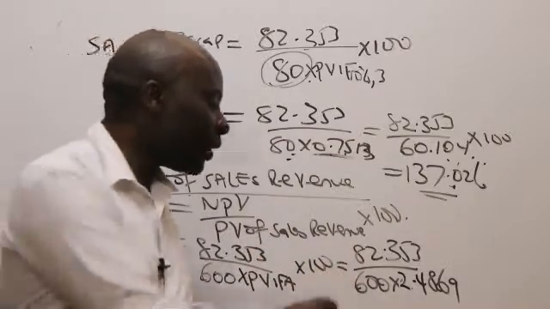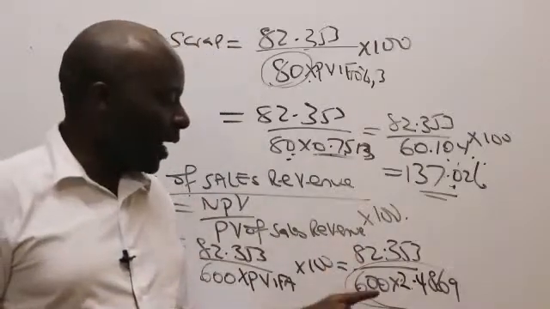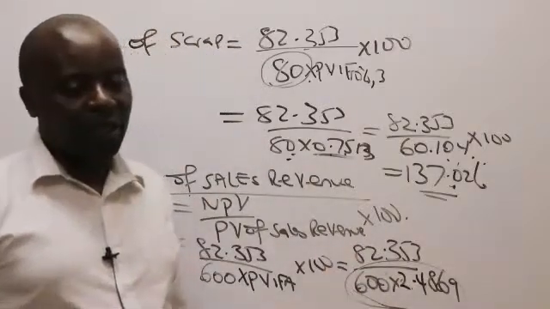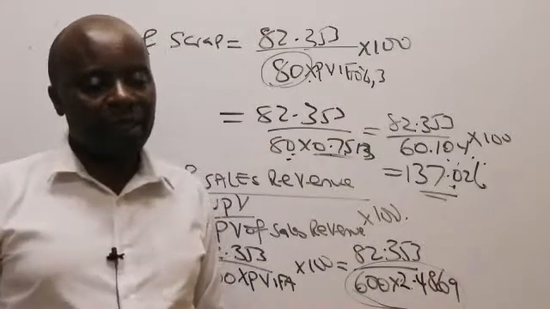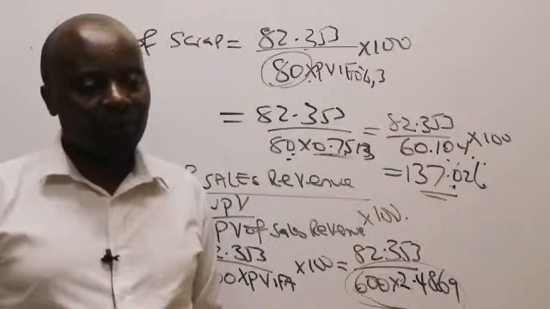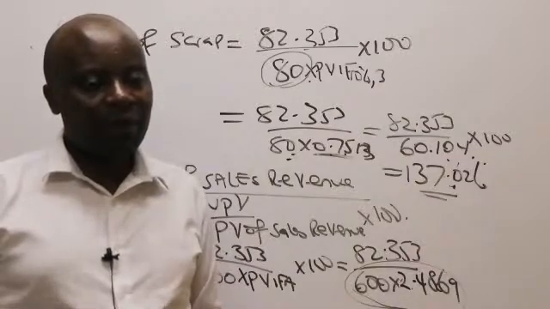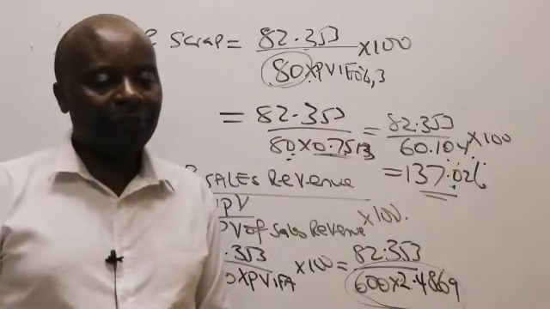Ukifika hapa, ensure that you are able first of all to do this separately, right? So take this divided by this times 100. So the final figure will be equal to what? What percentage? The final figure itakuwa ngapi?